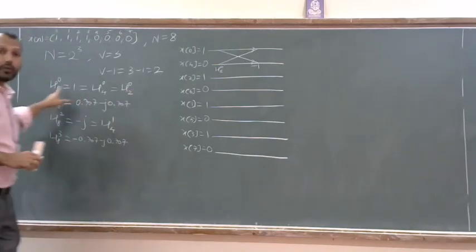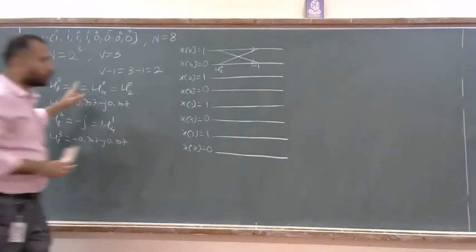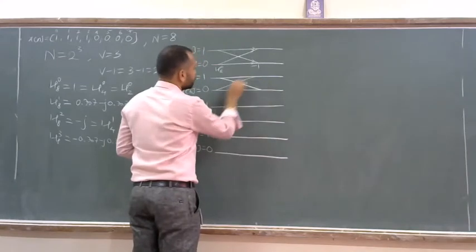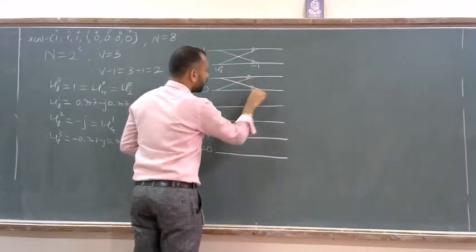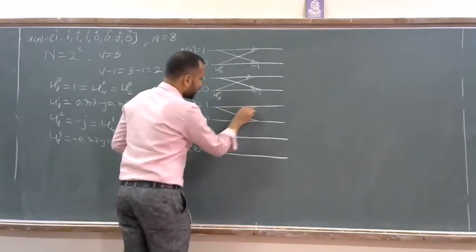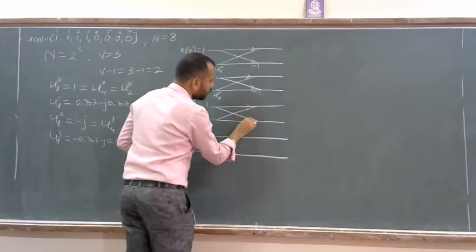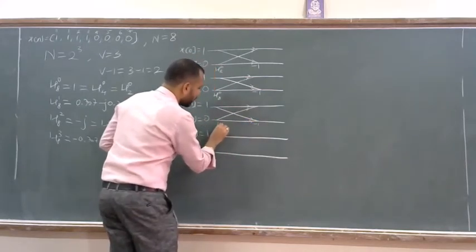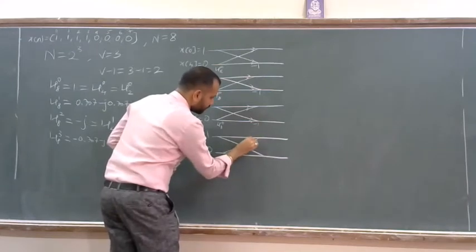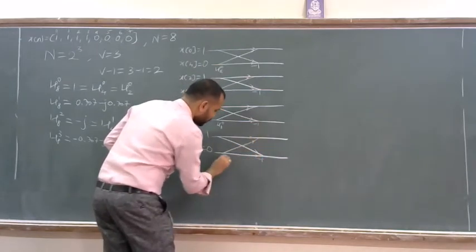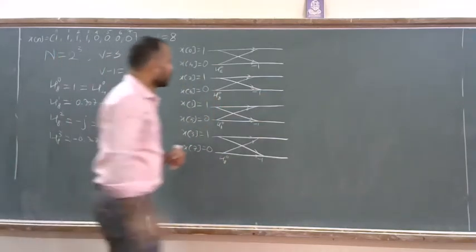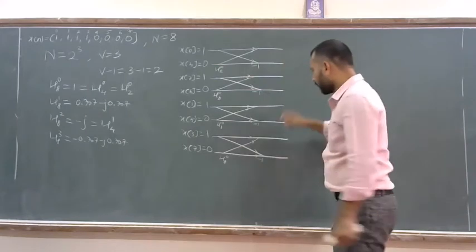Its equivalent value, W80, will be used. So W80. Now next butterfly structure, -1, W80. Third butterfly structure, -1, W80. And the last butterfly structure, -1, W80. Okay.